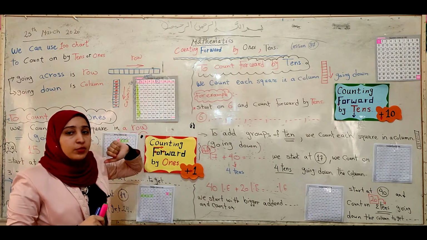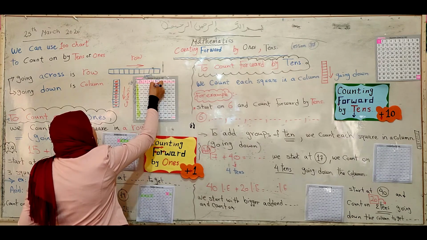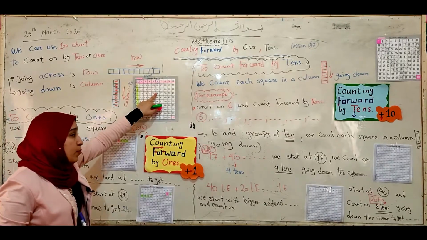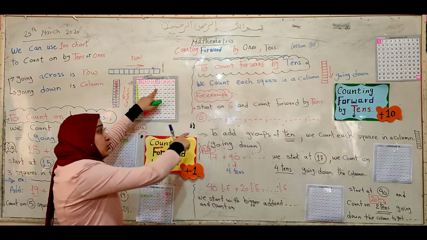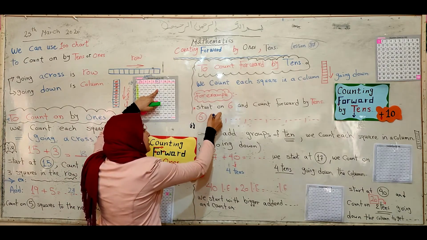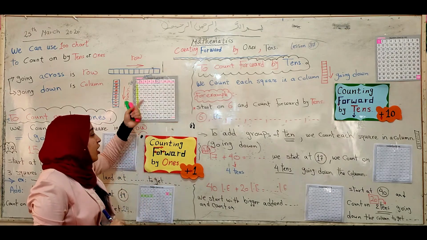To count forward by 10, when we count down, what number do we get? It's number 16. So when we count forward by tens, we start from 6, then I get 16. Why do I get 16? Because each time I add 10.